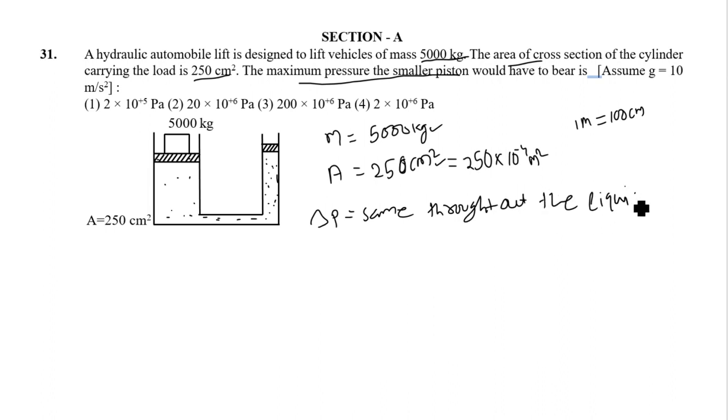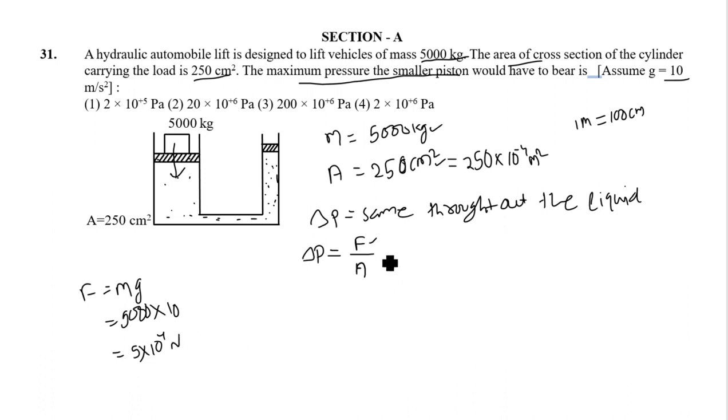So the formula of pressure is force per area. First, we have to find the force. The only force acting on this body is the gravitational force, which is downward. So we put mg, where m is given as 5000 and g is 10 meter per second square. So I got 5 into 10 to the power 4 Newton.